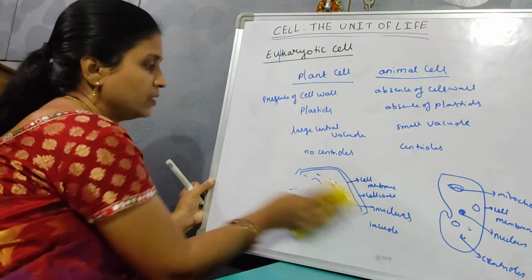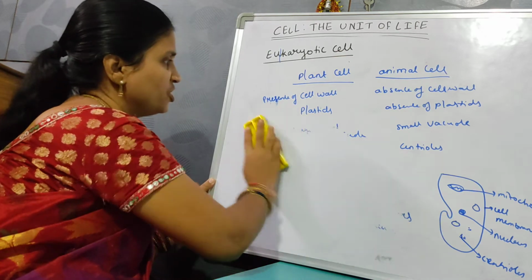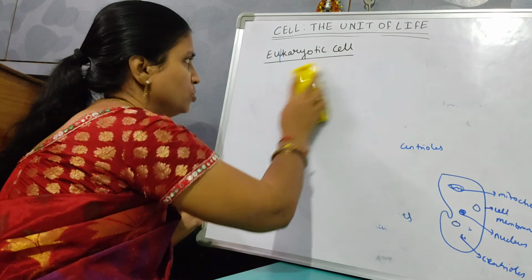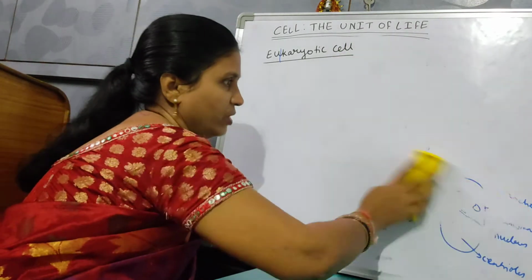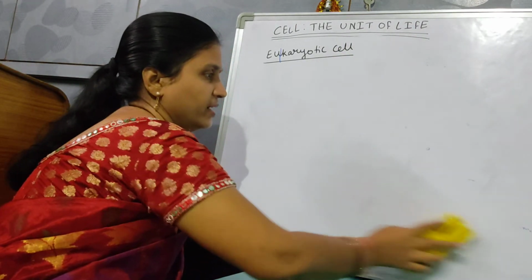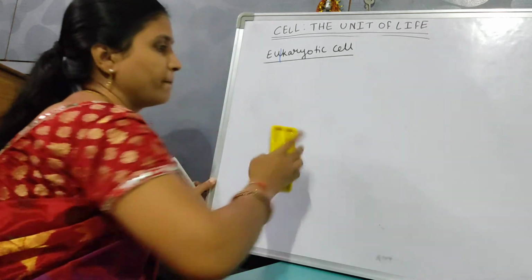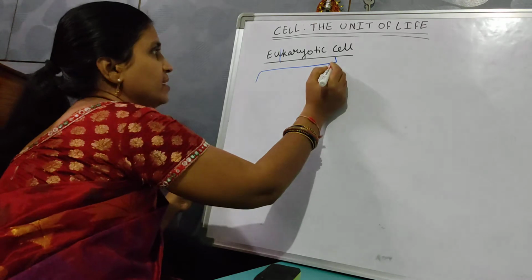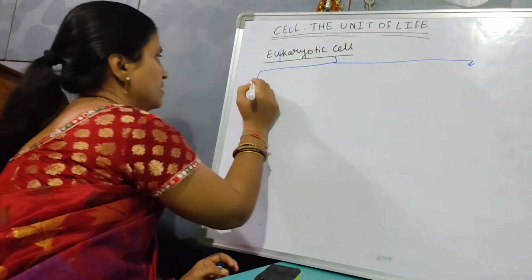Coming on to the general structure of a eukaryotic cell, I want to show it in the form of a flow chart. Let us see now. So this eukaryotic cell is divided into plant cell and animal cell.